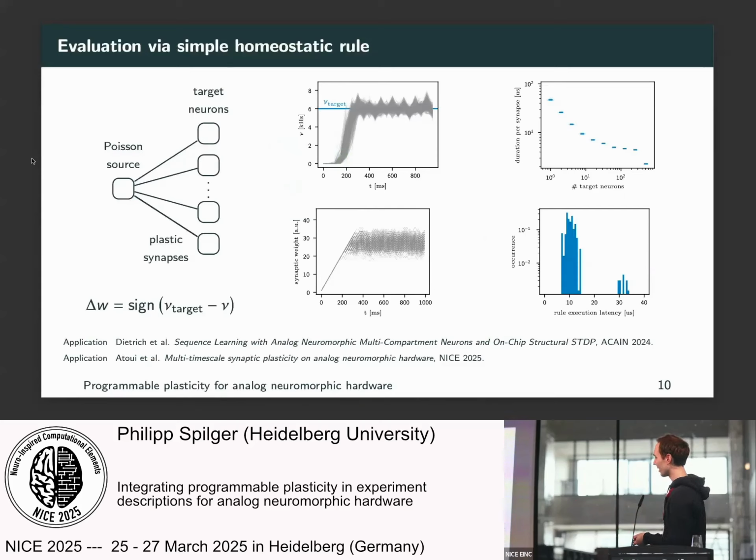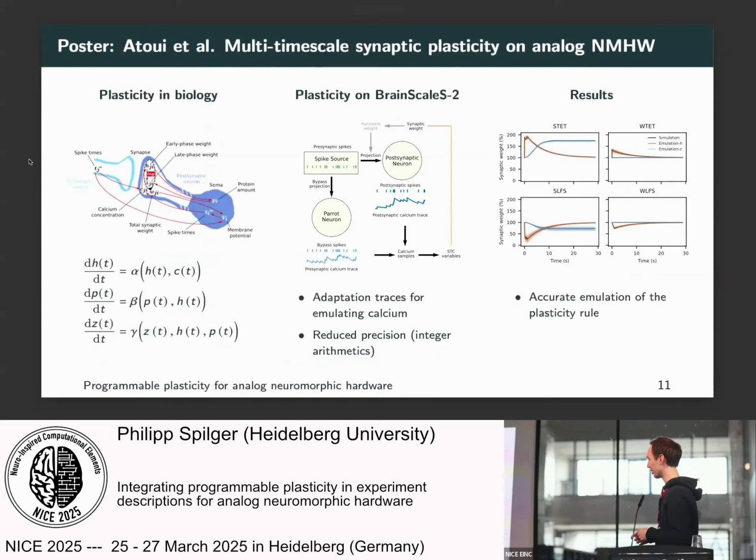The one, where Robin Dietrich is also here somewhere, looked at sequence learning with analog multi-compartment neurons and structural STDP. And the other one is by Amani Atui, who also already spoke here about her poster of multi-timescale synaptic plasticity on analog neuromorphic hardware. And I want to tease this again shortly because I think it's super nice.